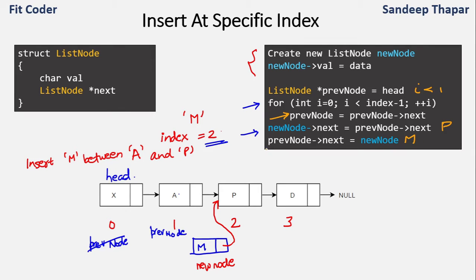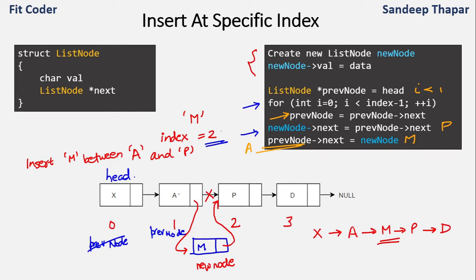So previous node is A. So next of A points to M, which is this pointer, now points to M. So basically we have removed this pointer and now our linked list looks like this. So we have inserted M between A and P.